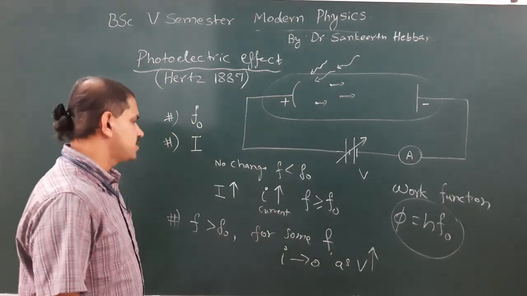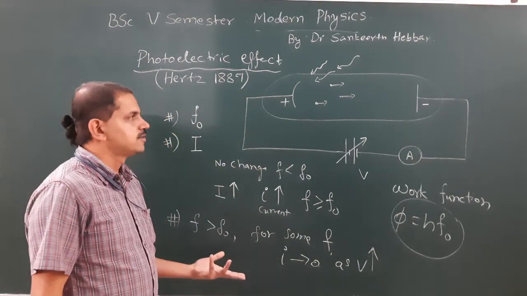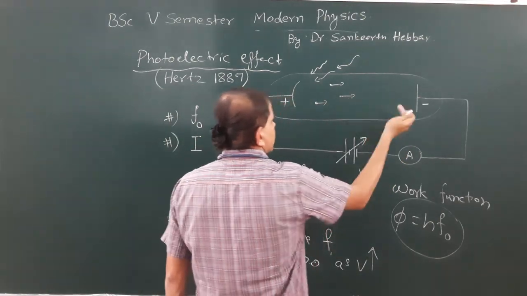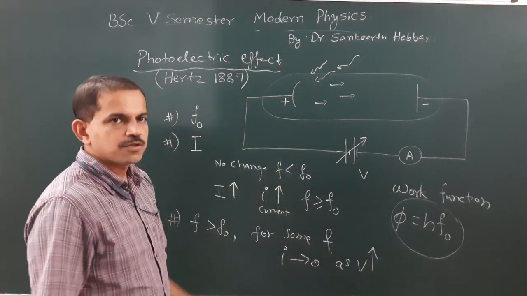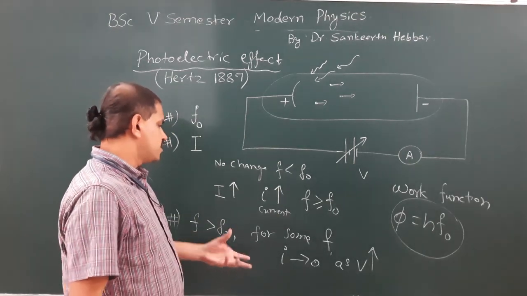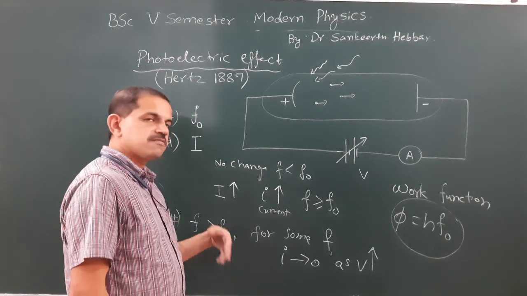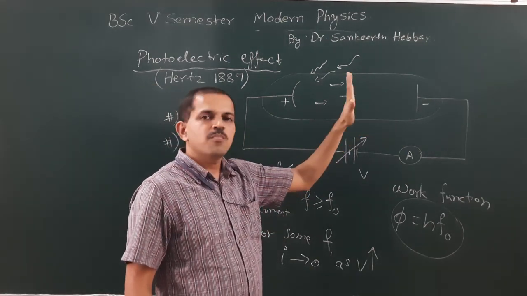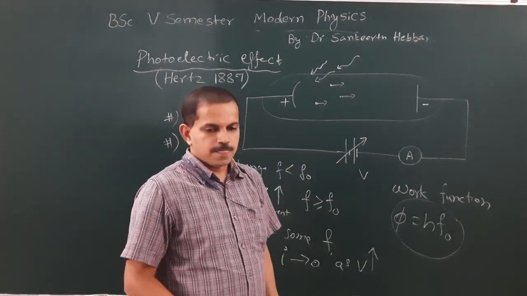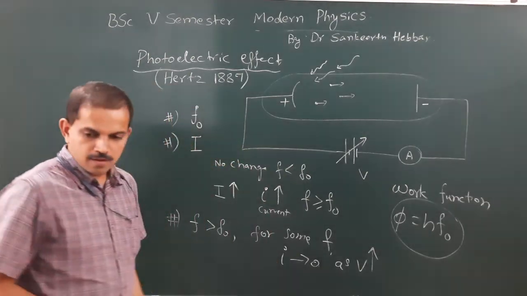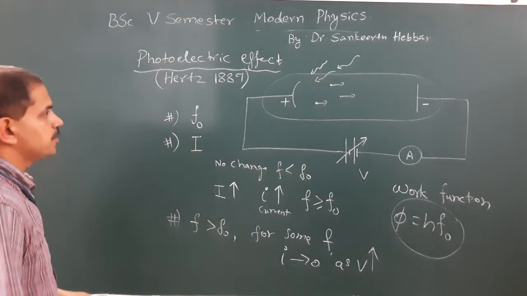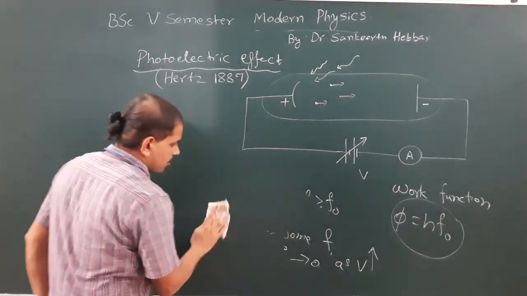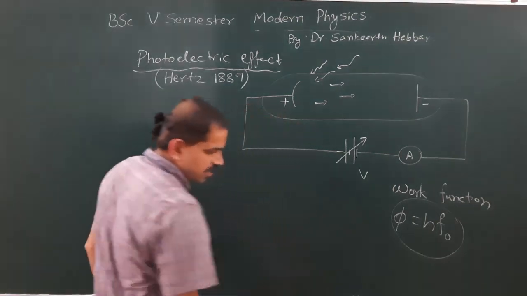So then he observed that there is no current, because this was trying to push the electrons away. But as we went on increasing the frequency further, he suddenly started observing a current at some point.